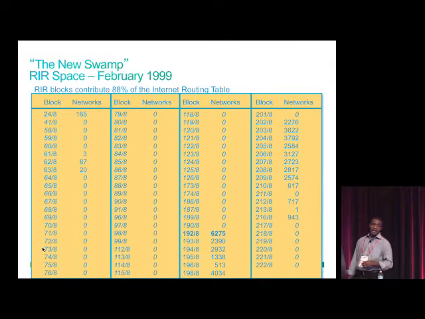In 1999, the 192/8 has over 6,000 /24 sub-prefixes in total. But most of the other blocks did not have a large number of sub-prefixes.